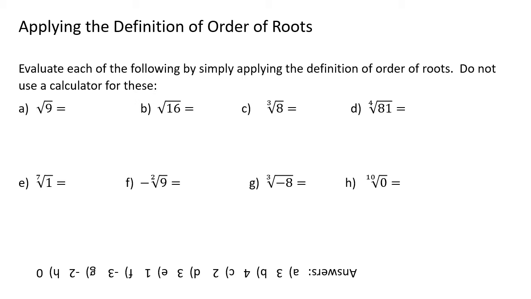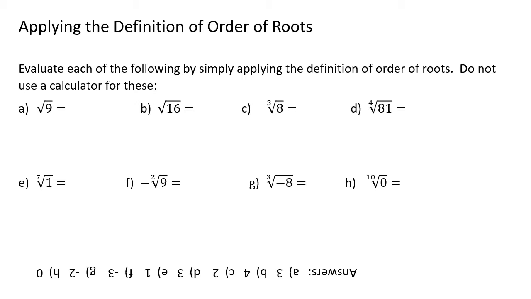Since we're doing it by video, I recommend you pause it already and try them, or pause it after I finish my monologue right now, and try these without a calculator. These should be ones that you can think of in your head rather quickly. I'm not expecting really advanced or really high numbers here.